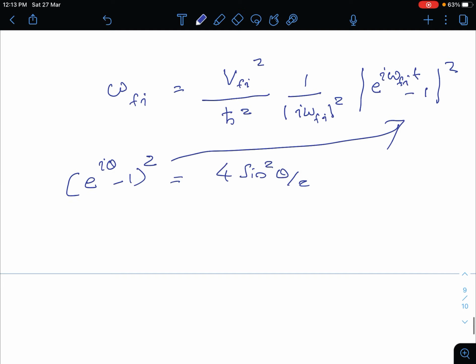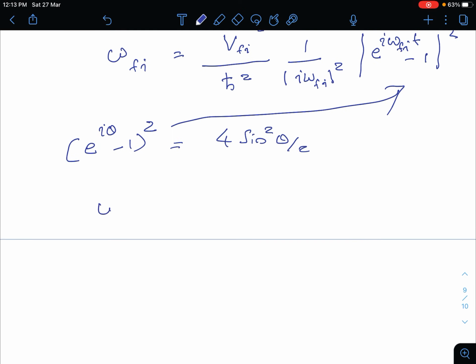You put that equation here, you will be getting omega if, initial to final, equal to V fi square by h cross square into 1 by omega fi square into 4 sine square omega fi t by 2.